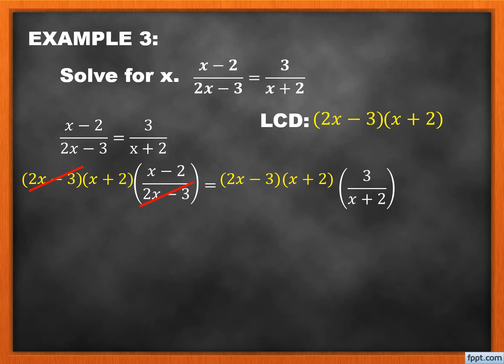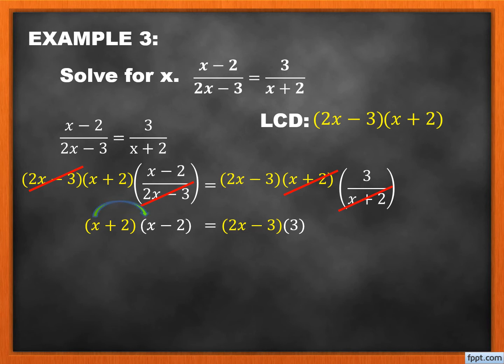On the right side of our equation, we have x plus 2 in the numerator and x plus 2 in the denominator. Therefore, we can cancel x plus 2 and x plus 2. Next, write the resulting equation. We have x plus 2 times x minus 2 equals 2x minus 3 times 3.